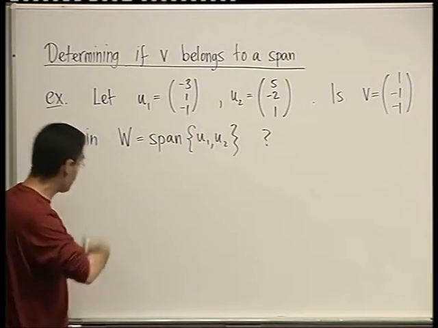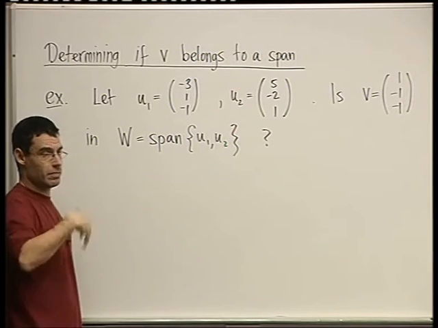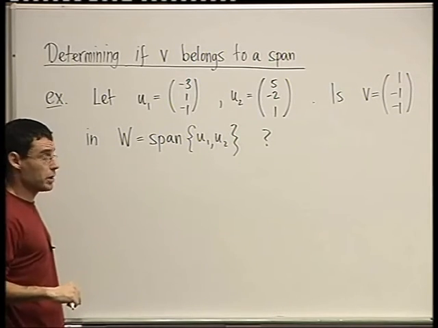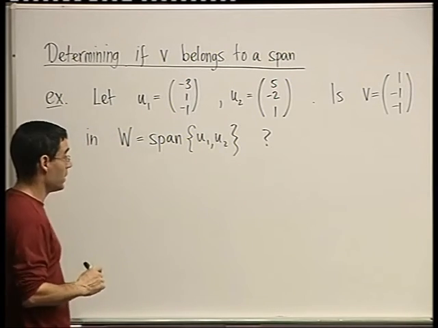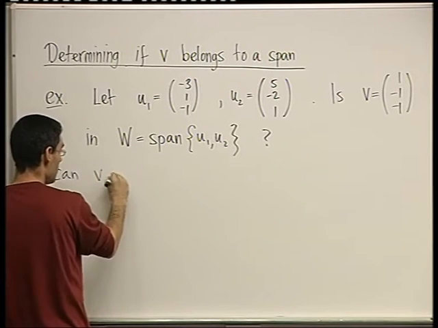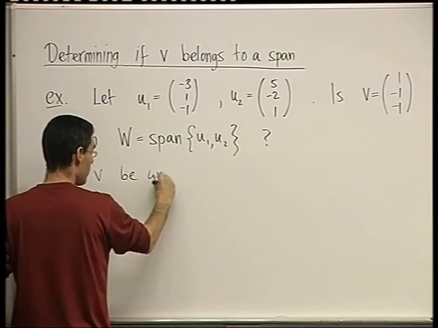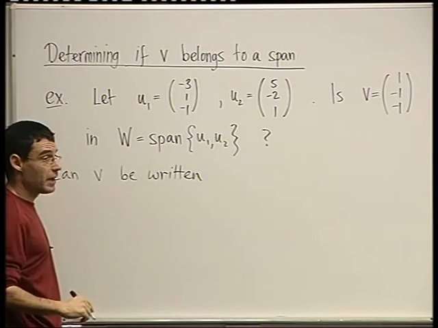So let's start translating our question, and by translating it enough times, we're just going to see its solution. Another way of rephrasing the question is, what does it mean to be in the span of these guys?